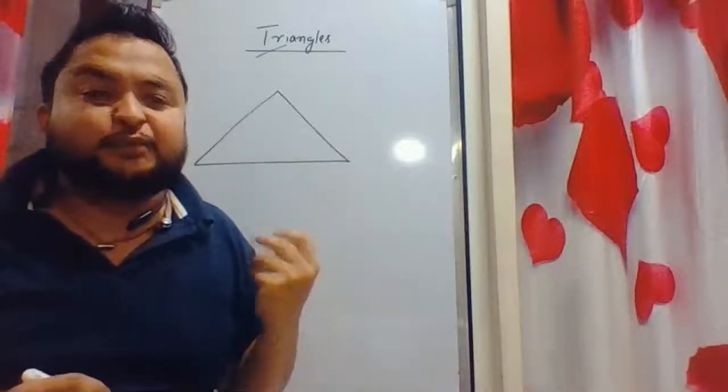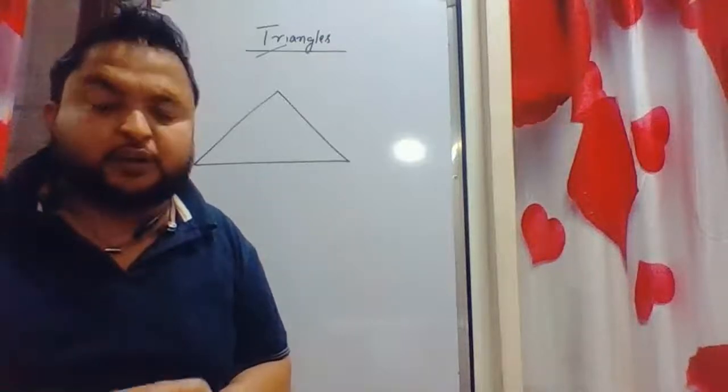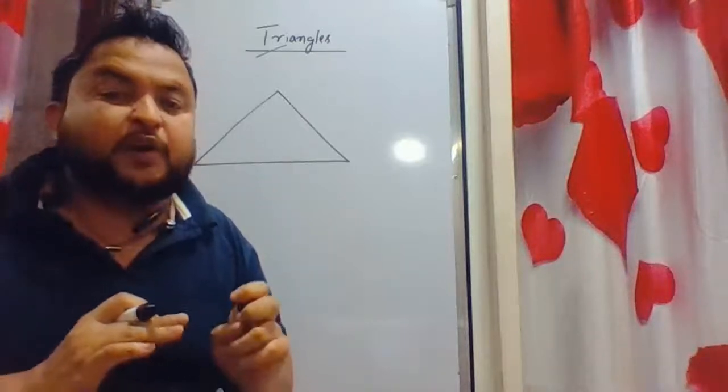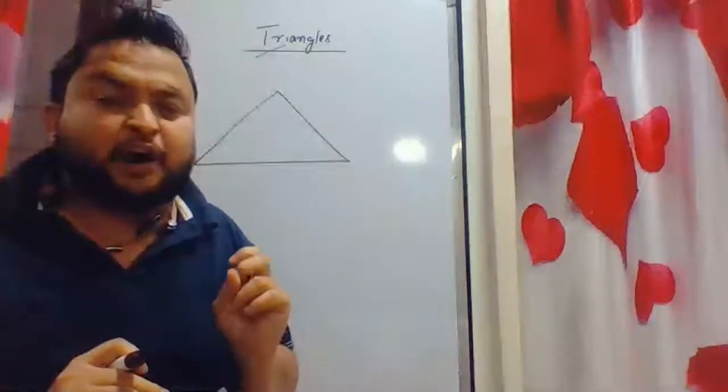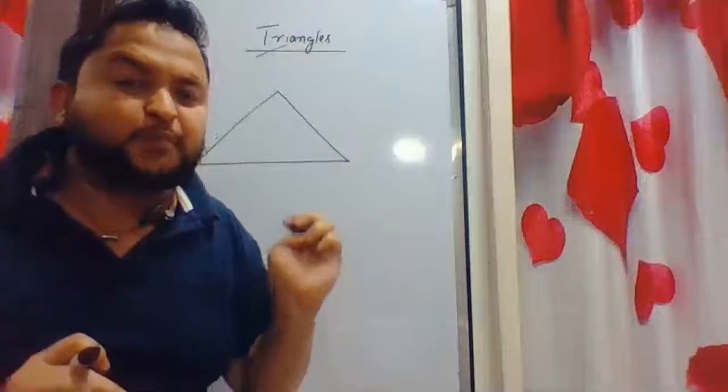And that is where the triangle becomes the very basic geometrical figure where we can create a closed surface by taking the minimum number of straight lines.